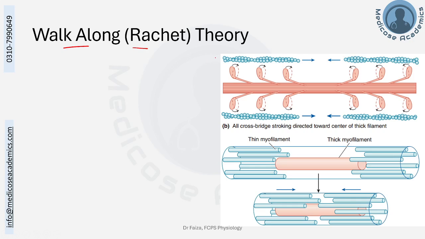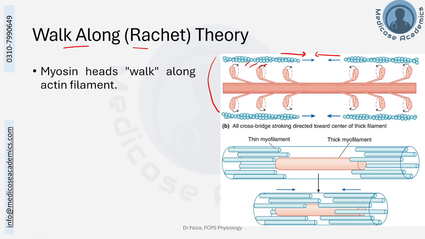Whereas in the image above, you can see the molecular mechanism by which actin and myosin interact, explained by the walk-along theory: how the heads of the myosin walk along the actin filaments while pulling the actin filaments to the center of the sarcomere on both sides, ultimately leading to the shortening of the sarcomere.